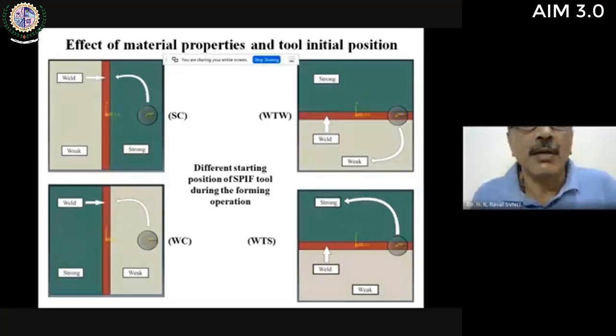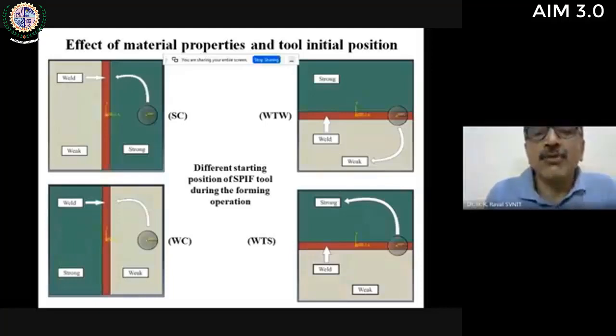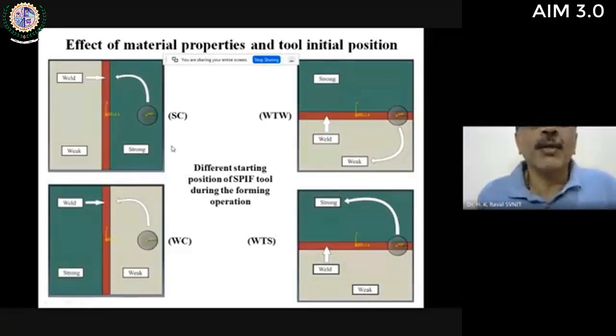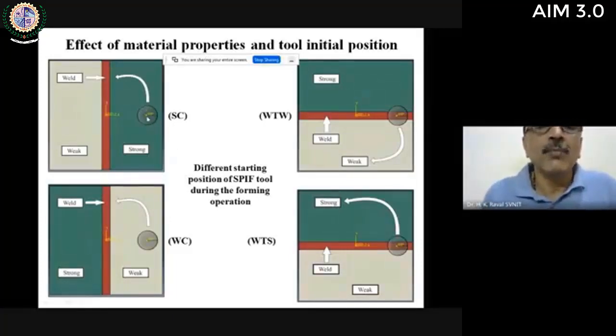Okay, fine. So this tool starting point has some importance here, because if you go with a contour tool path, the tool will start from this point, and the first incremental depth is given in the z direction, and at that depth the tool moves in a circular fashion, like this.